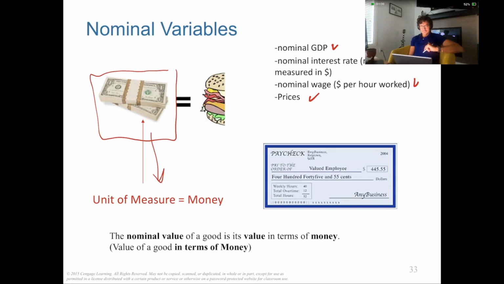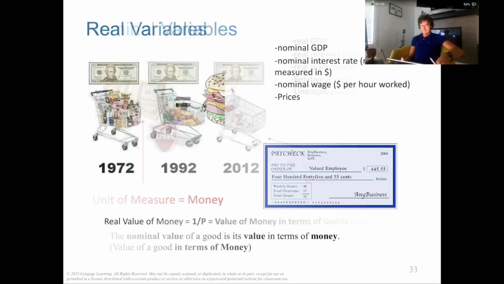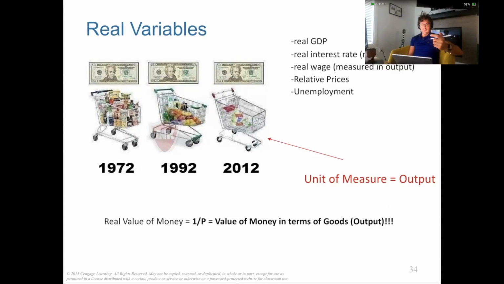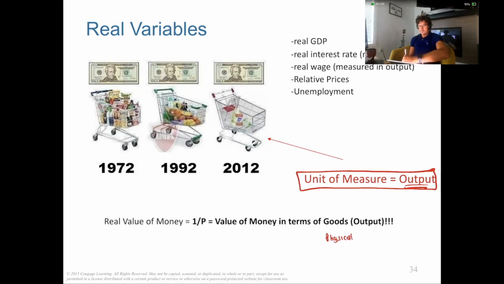Okay? So the nominal value of a good is its value measured in terms of money. Conversely, real variables are expressed in terms of output, or more in general, physical units, goods, for instance unemployment.